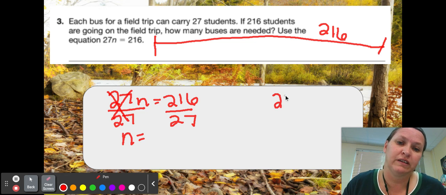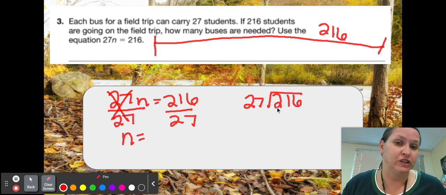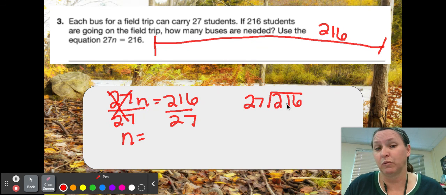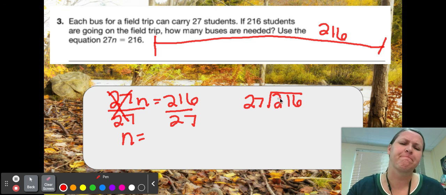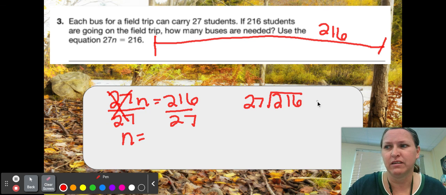216 divided by 27. I don't know that off the top of my head. 27 does not go into 2. It does not go into 21. But if I round, I can round to 30, and 30 goes into 21, right?